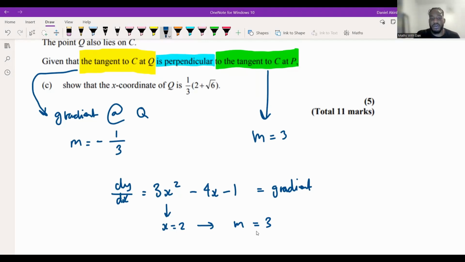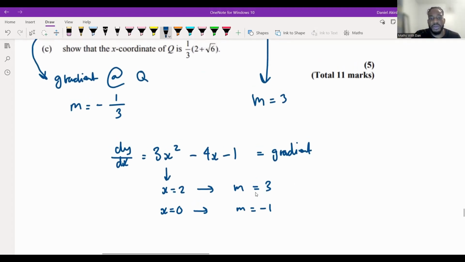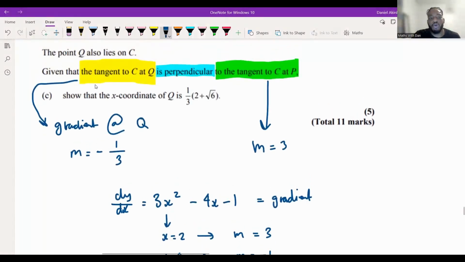If I plug in another value, let's say x is equal to 0, then that will just be -1. So the gradient at x equals 2 was 3. The gradient at x equals 0 is -1. Well, what we know is that the gradient at this point Q is -1 over 3.